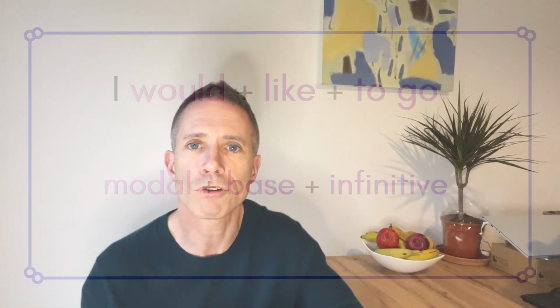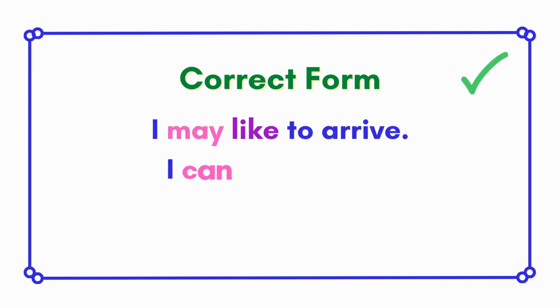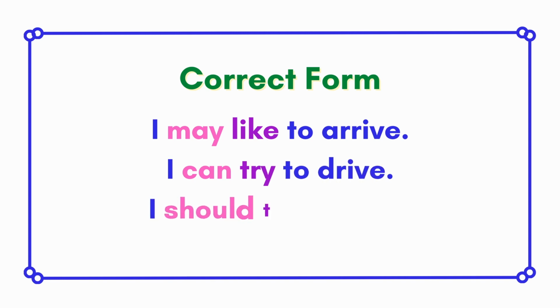And the infinitive form here is correct. And you can do the same with the other previous examples. I may like to arrive is correct. I can try to drive is correct. I should try to walk is correct.